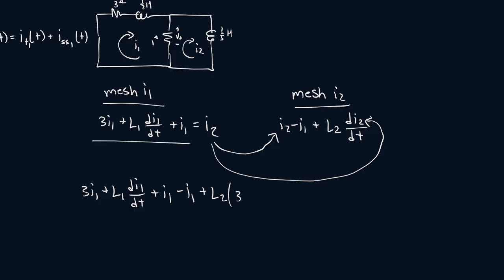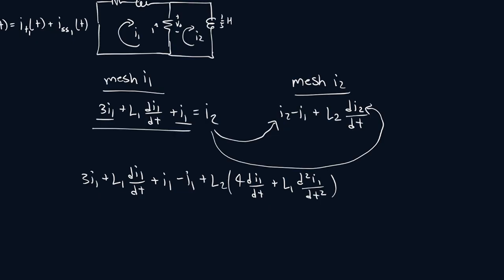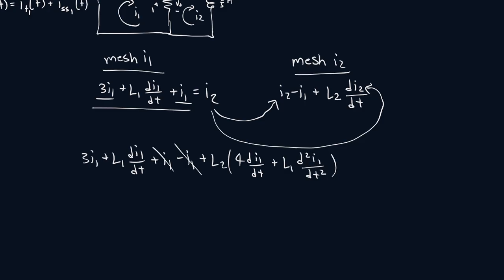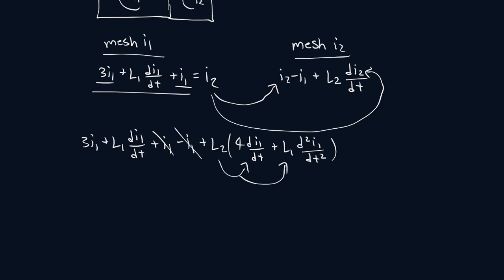So it'll be 3 times di1 over dt plus L1 d2I1 over dt squared. Oh yeah, this can just be 4 because we could just add these two up. So this cancels out. And we can FOIL in our L2 into here and here.